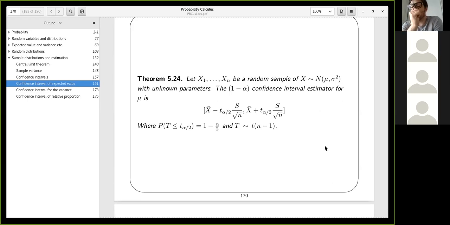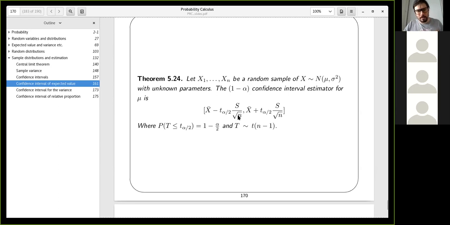In this case, you have to understand that this is a variation of the same formula. It's derived in the same way, but we have a slightly different distribution because now the variance is a random variable. So here comes the t distribution, a flatter distribution than the normal distribution. The normal distribution is the theoretical construct, and when n grows to infinity, the t distribution will resemble the normal distribution.